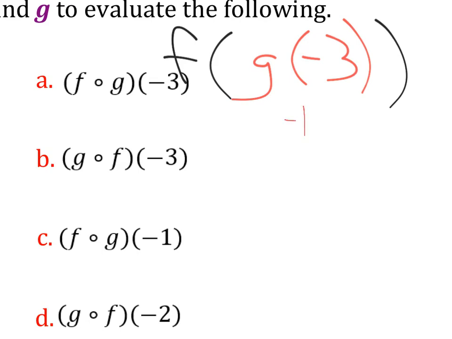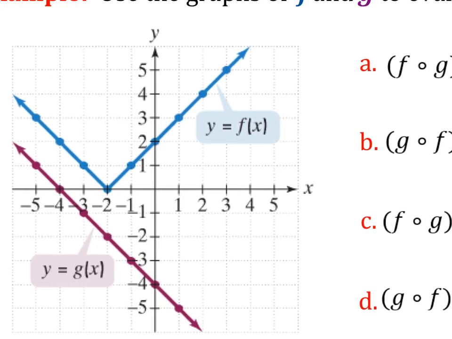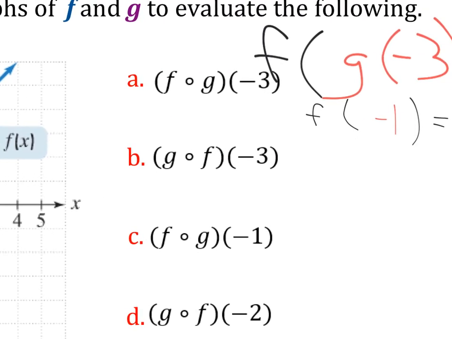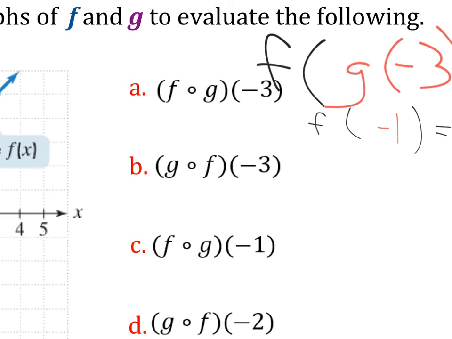I need to figure out what is f of negative 1. Well, f of negative 1, I'm going to go to my f function, this function right here, and if x is negative 1, my f function value is positive 1. So this whole thing simplifies out to positive 1.